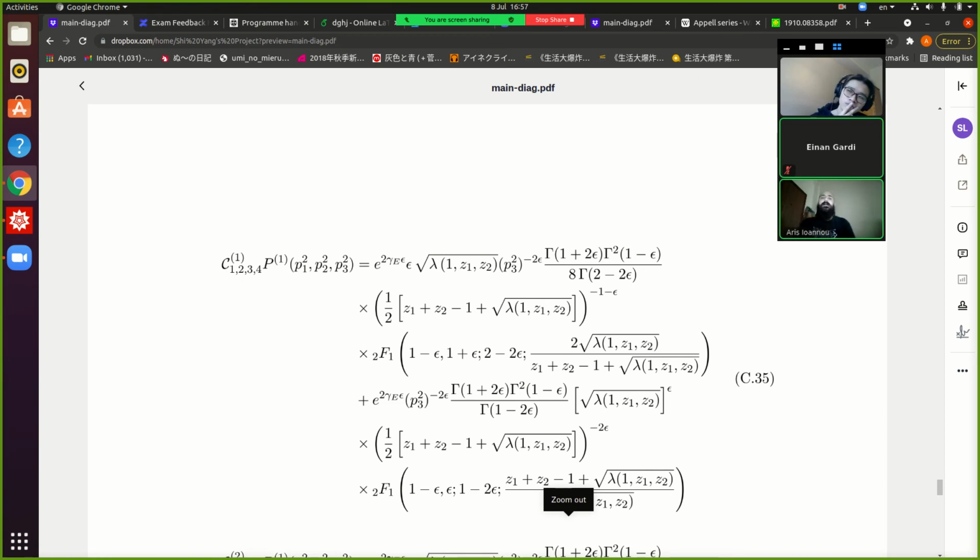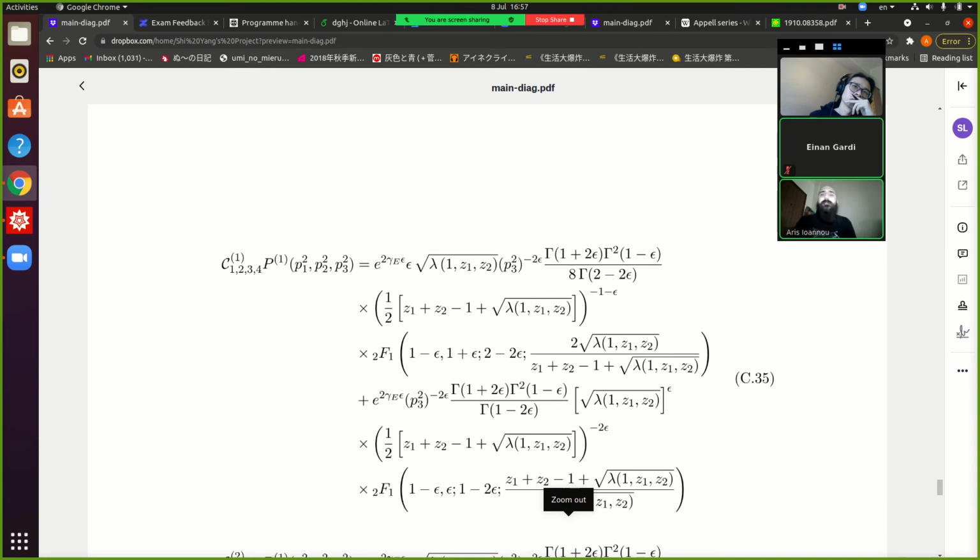Now, if the answer comes back in red, it means you haven't set something in a good way and it hasn't accounted for a pole in the integration. So if it comes back in red, think of why there might be a pole. I'll give an example. If you have a 2F1, say it's an integral over t: t to some power, 1 minus t to some power, and 1 minus tz, where z is the variable, to some other power.